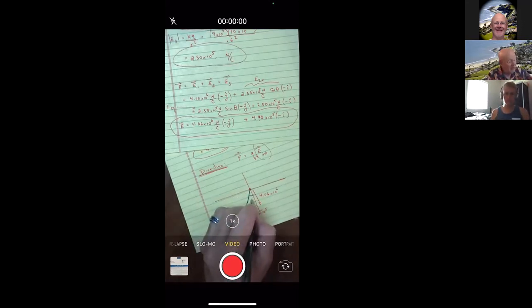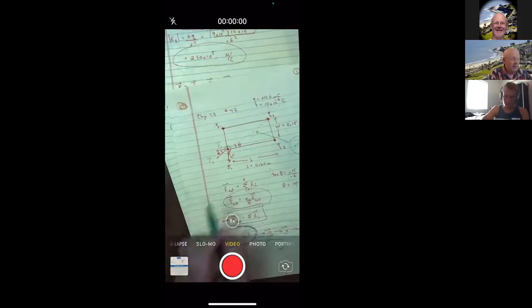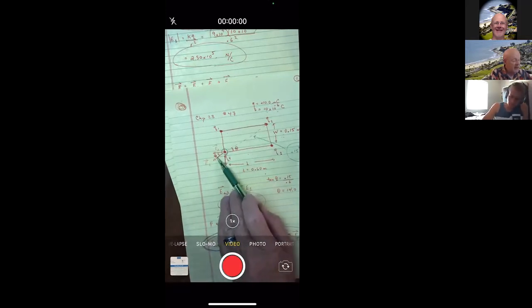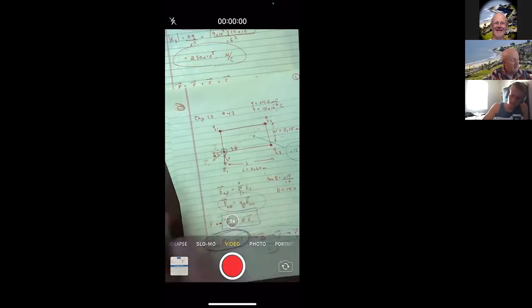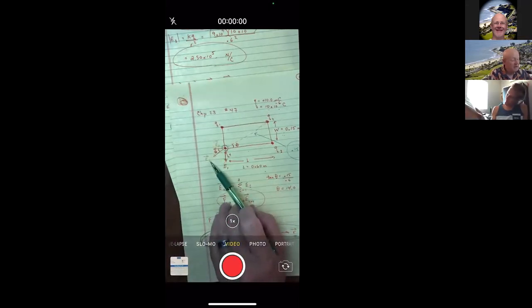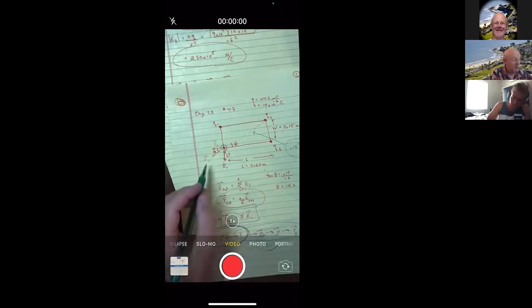Why don't I call this angle phi? I want to stay away from theta because I used theta earlier back in the figure to say theta is the angle of this diagonal. And of course, that is the angle of electric field number 2. That is not the direction of when you add them together.